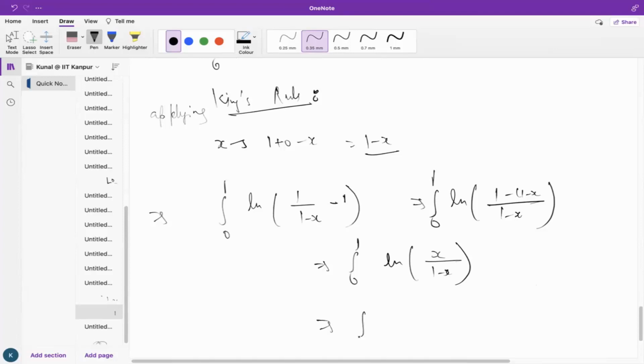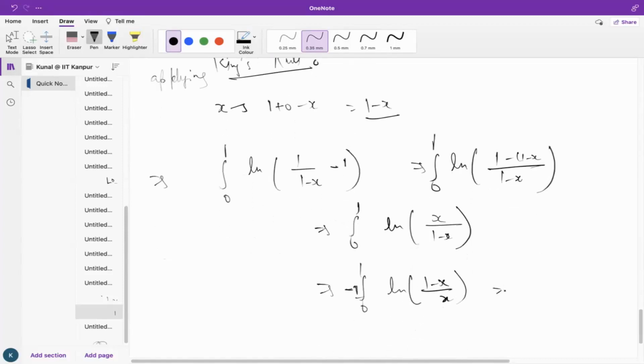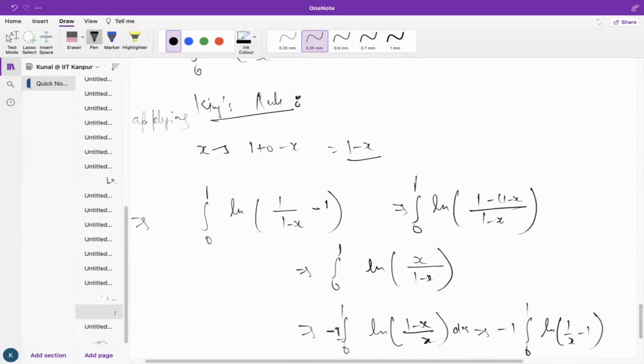And we can write it as 0 to 1 if we apply the basic log property. So we can take minus 1 and we do like 1 minus x by x. We can do it, right? And it will be like minus 1, 0 to 1 ln 1 by x minus 1, right? And these both values, let me write here dx.